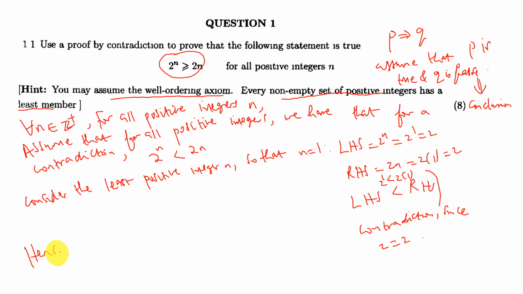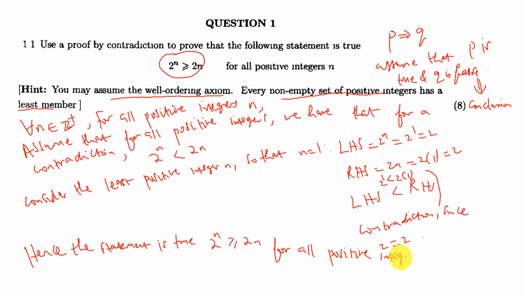Hence the statement is true: 2 to the power n is greater or equal to 2n for all positive integers n. Okay, so we're done with this proof.